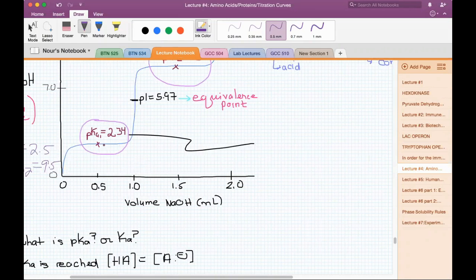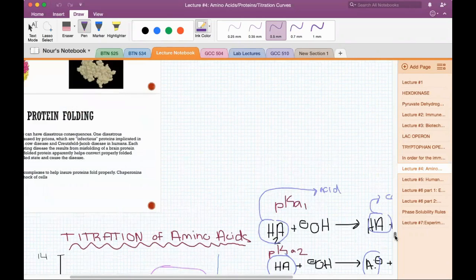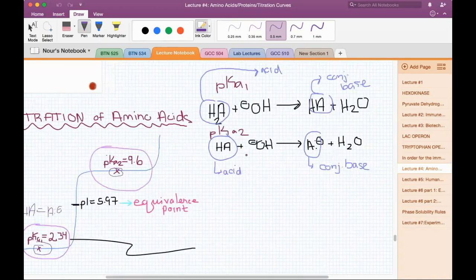So every time there's this position on a titration curve, you know the pKa is right there, and you know that the amount of acid equals the amount of base. I labeled it differently because you have another pKa, but it means the same thing. It's just because you have another part getting deprotonated, so I wrote it out like this.